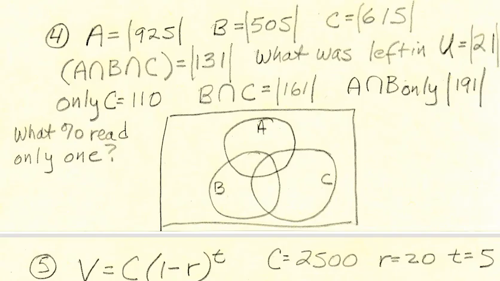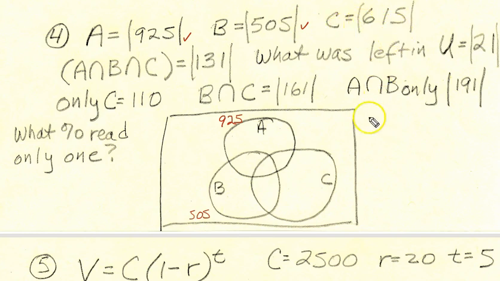Now, number 4 I have done before, and I've shortened it here, again, just for practice. You want to develop a strategy. So we say that this is the cardinal number of A, so I'll put this out here, 925, and I've done that. B, the cardinal number is 505, and I've done that.